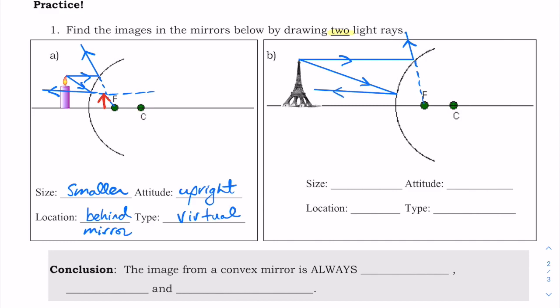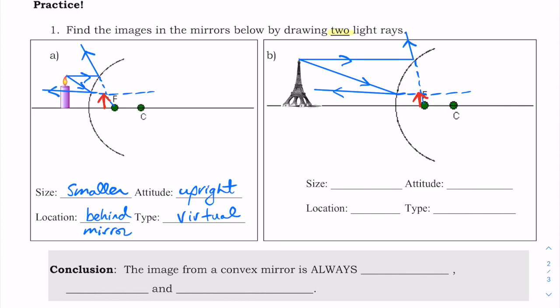But now you backtrace it behind the mirror. And our image appears to be where the two virtual rays of light cross on the other side. Okay, so the image is approximately here.